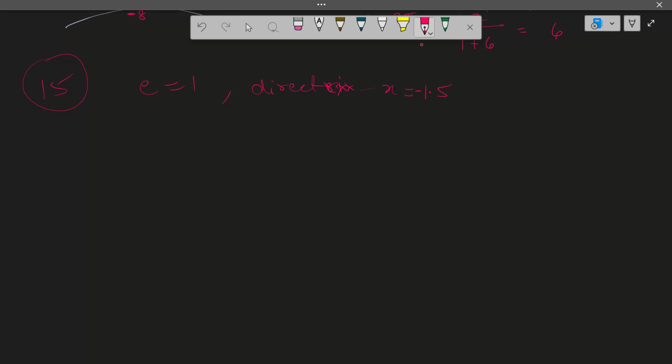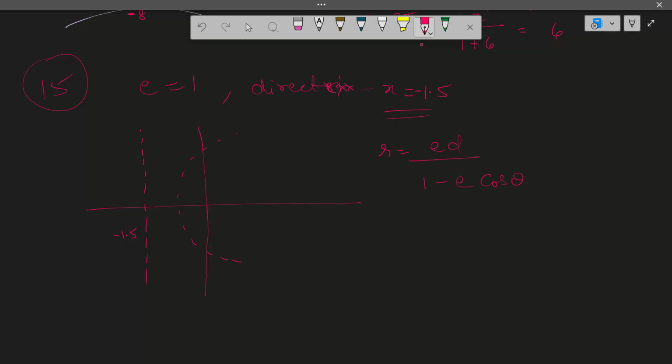Since e is equal to 1, we know it's a parabola. So for the r theta curve, negative 1.5 is somewhere here. That's your x is equal to negative 1.5. I'm assuming it's going to be somewhere like this, but we don't know where the points are. Since this is negative and it's a parabola, the equation is going to be r is equal to ed over 1 minus e cos of theta.